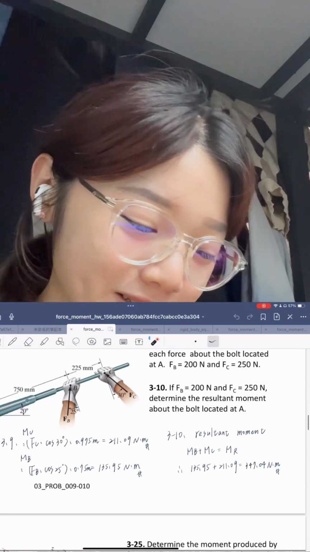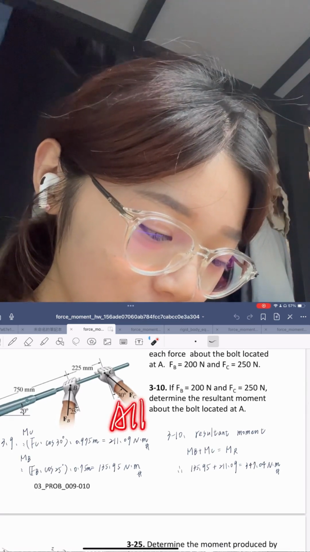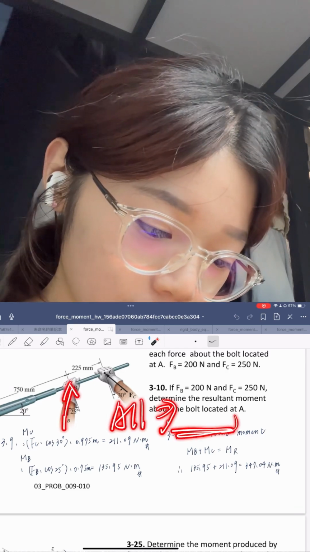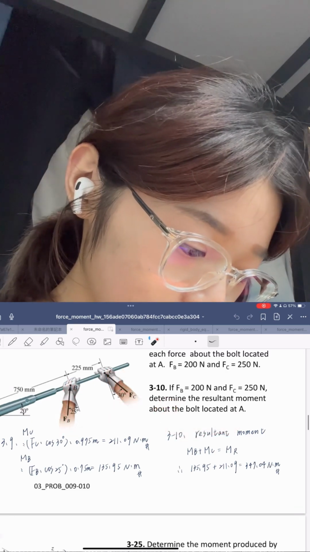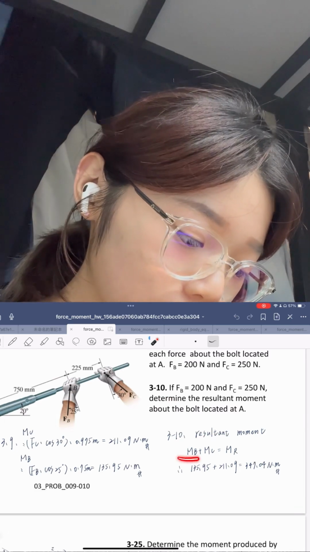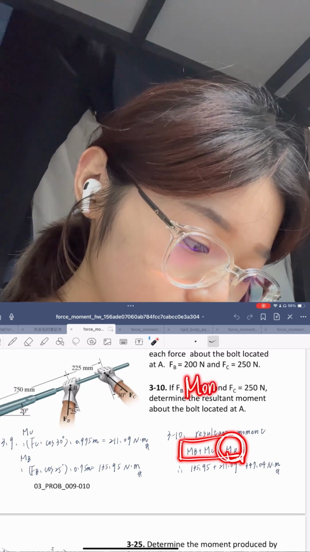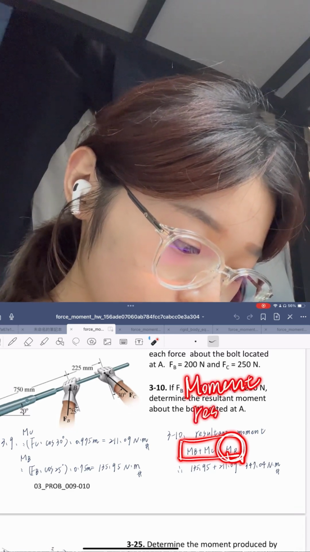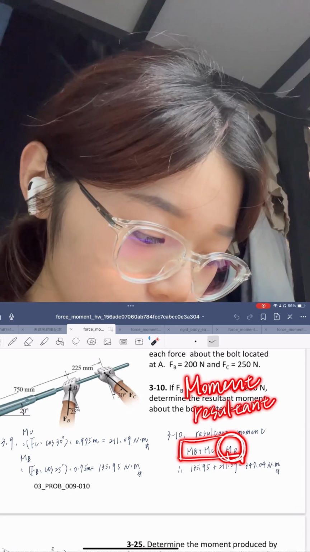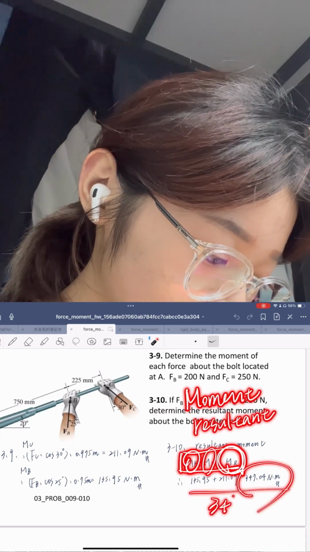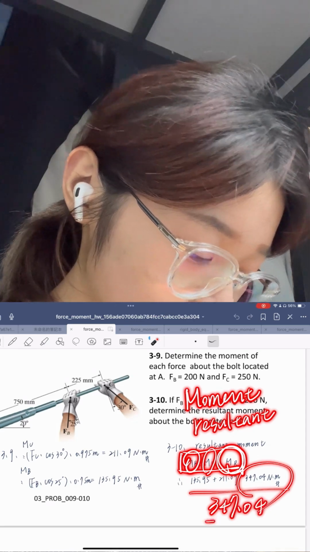The resultant moment is the O force plus with each other, because this has two forces, FB and FC, so the moment is plus together, so the MR is moment result is the total with the two moments, so the answer is 347.04. That's the answer.